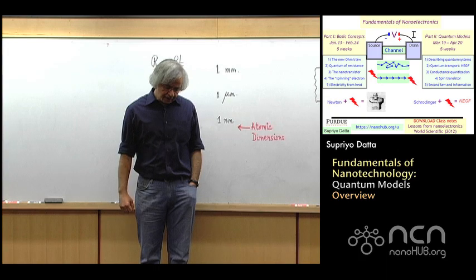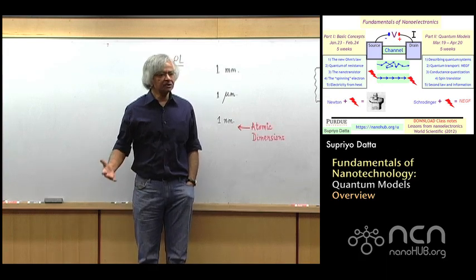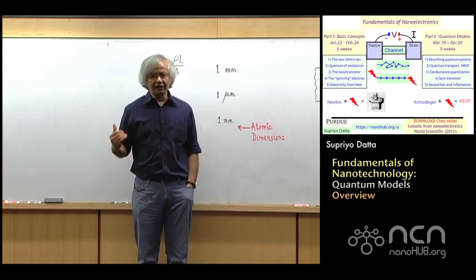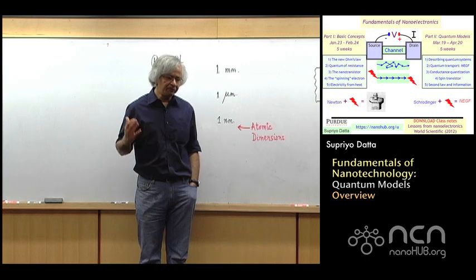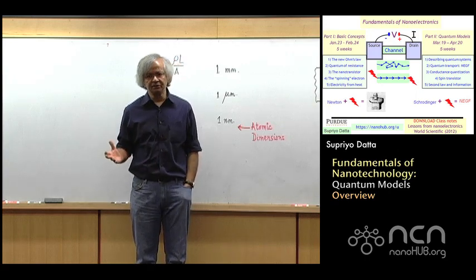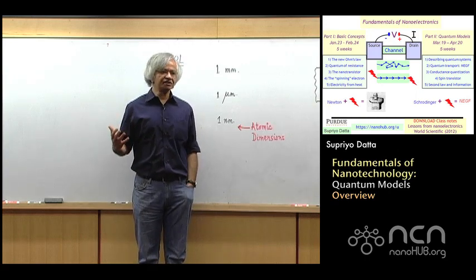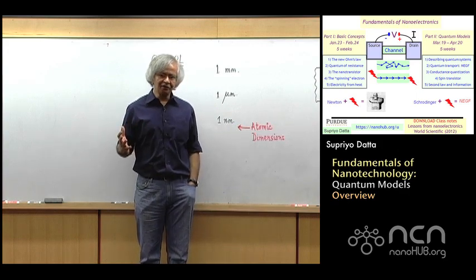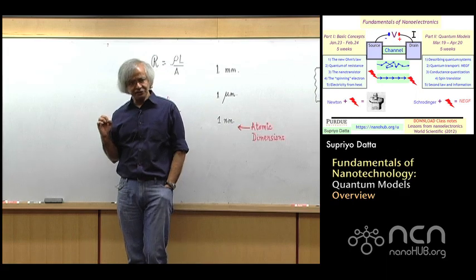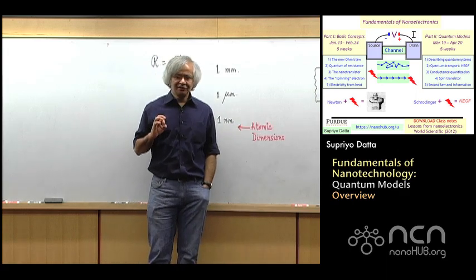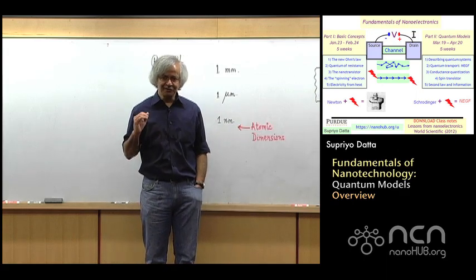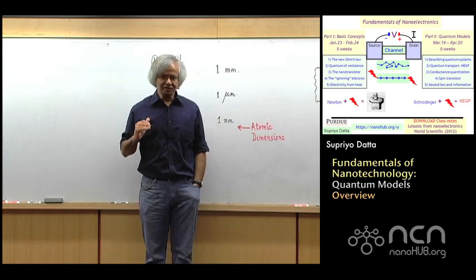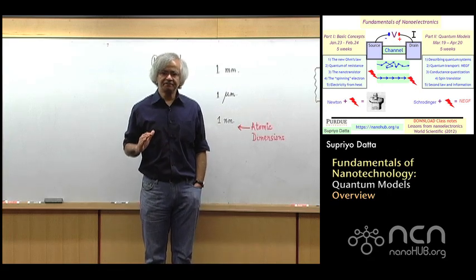Now, as for the level of the course, just like with Part 1, nanoHUB-U's philosophy is we try to make this broadly accessible to students in science and engineering. So we try to avoid specialist jargon. On the other hand, these courses are not survey courses. They are serious courses that address deep questions.